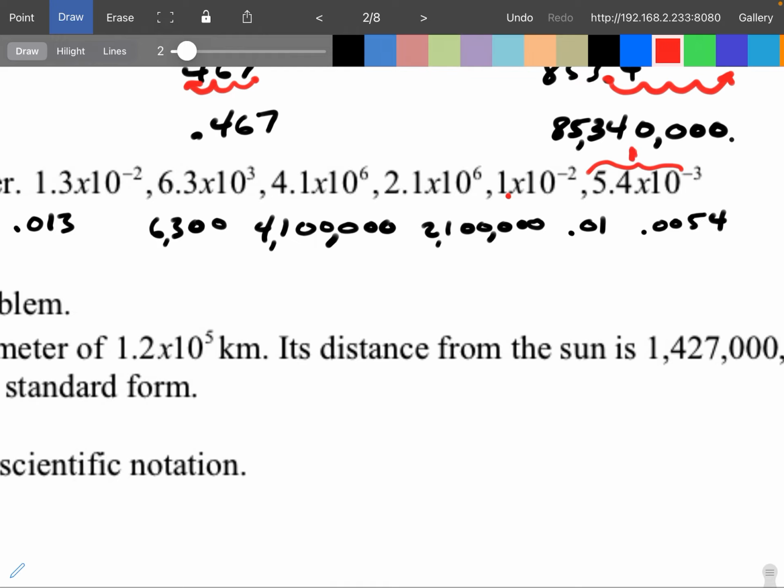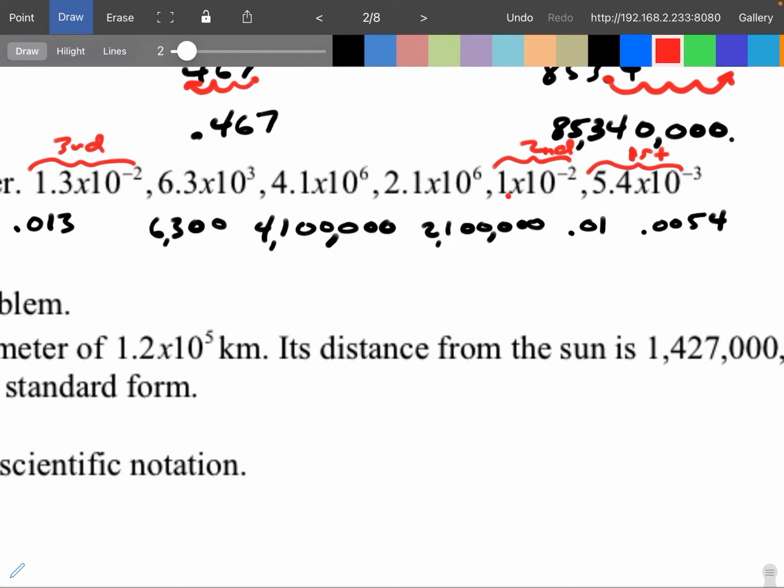What's the next smallest one? The one to the left of it. Yes. This would come second. Which one would come third? What's the next biggest one after 0.01? The first one, good. That's 0.013, so that one would be third. That's third. That's first. That's second.